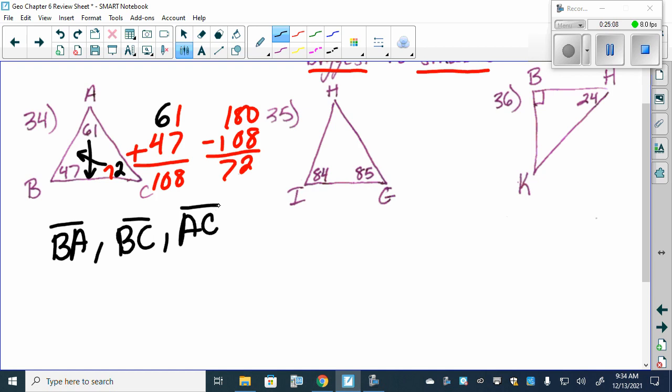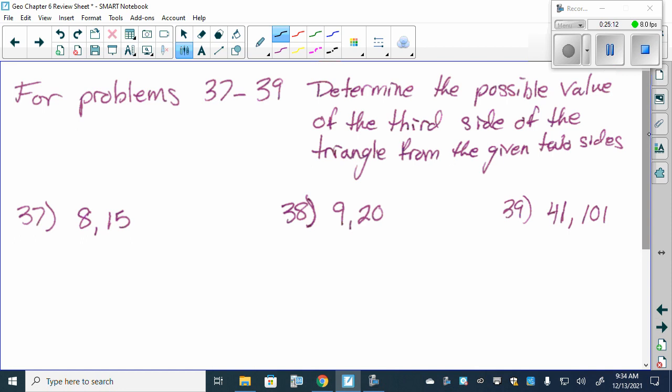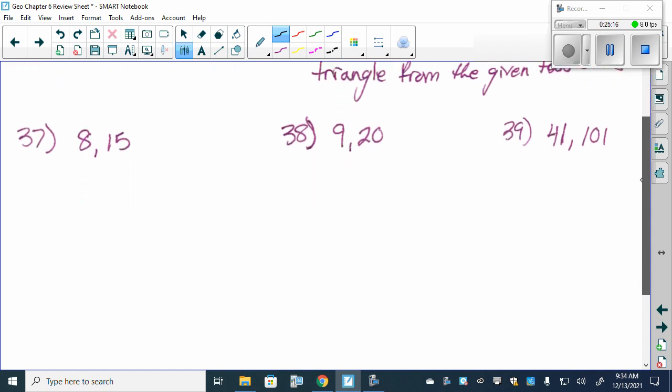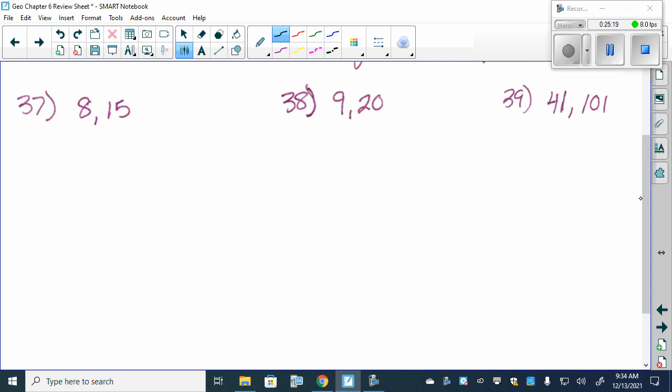We ready for the next type? Determine the possible value of the third side of the triangle from the given two sides. So these here, we're looking for not just an answer, but an inequality. Because according to our theorem for the sides of a triangle, any two sides added together must be greater than the third.